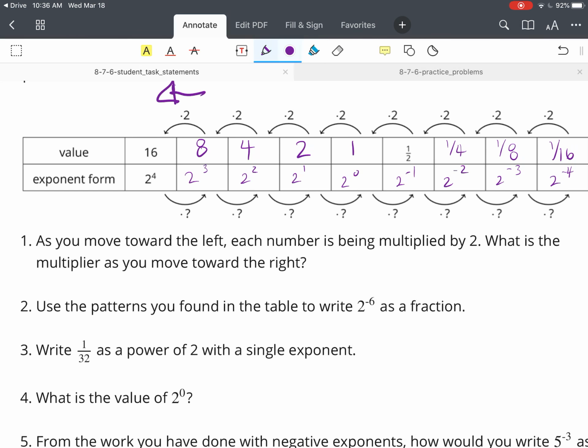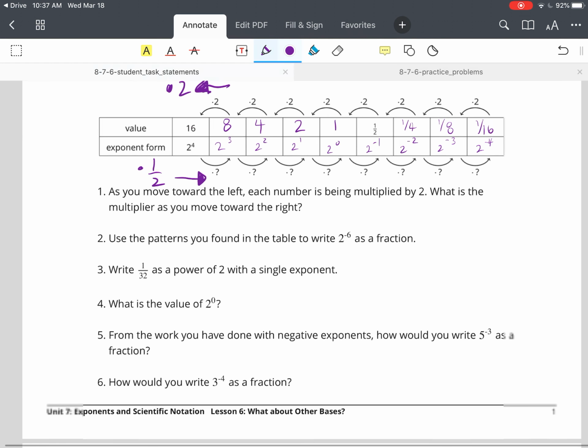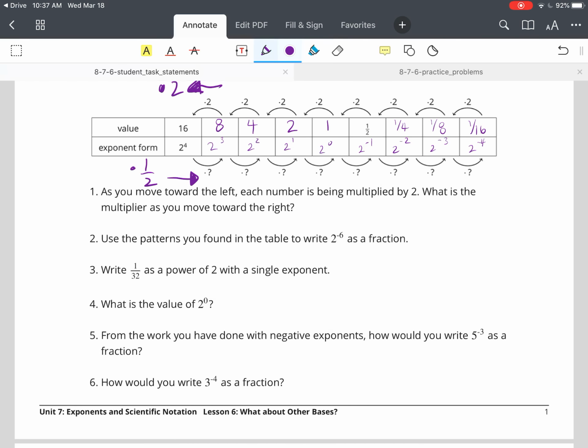So as you're going that direction, you're multiplying by 2. That is, you're going that direction, you are technically multiplying by 1/2. Okay? As you move toward the left, each number is being multiplied by 2. What is a multiplier as you move to the right? 1/2.